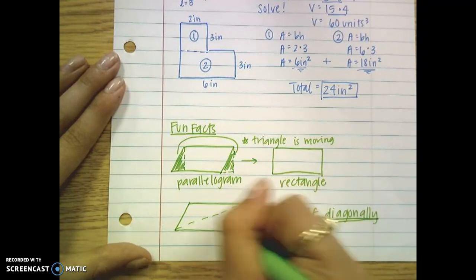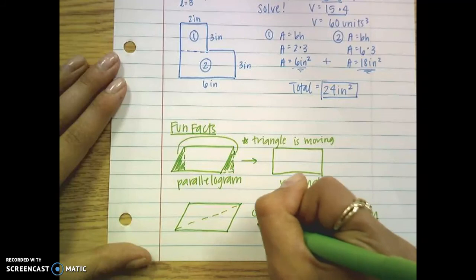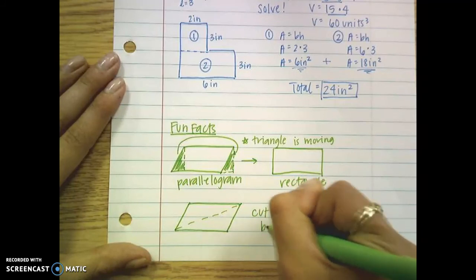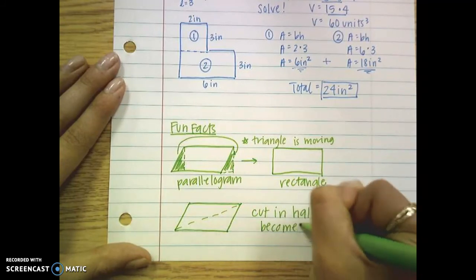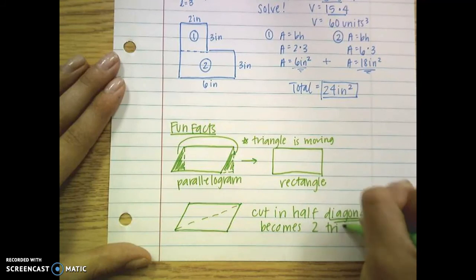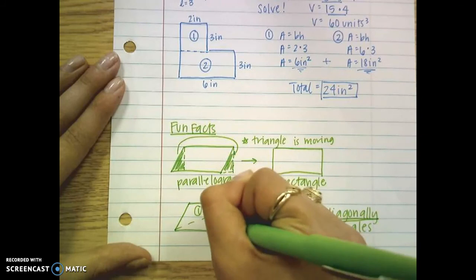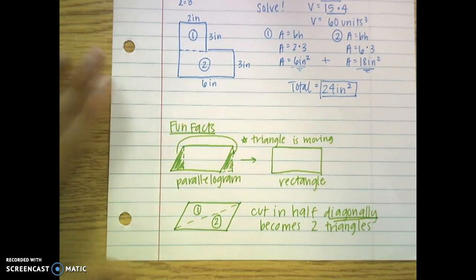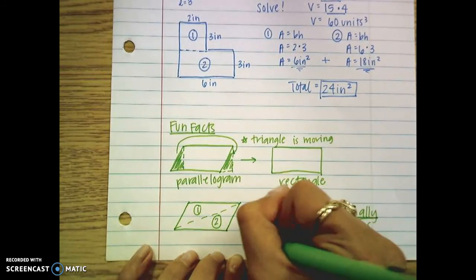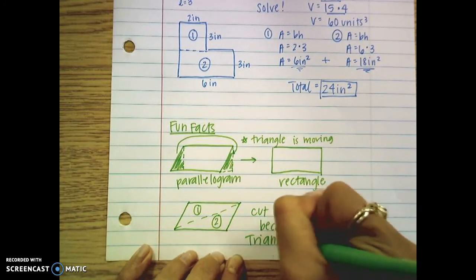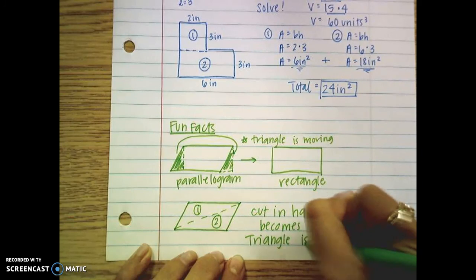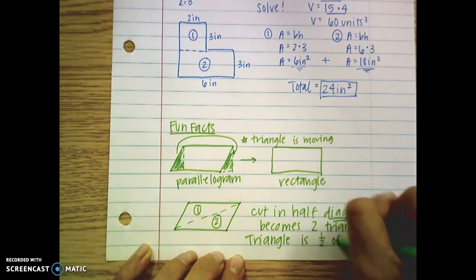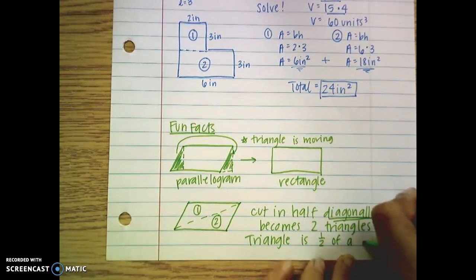It becomes two triangles. So I'd have triangle 1 and triangle 2. Because of all of this, we can say that a triangle is 1/2 of a parallelogram.